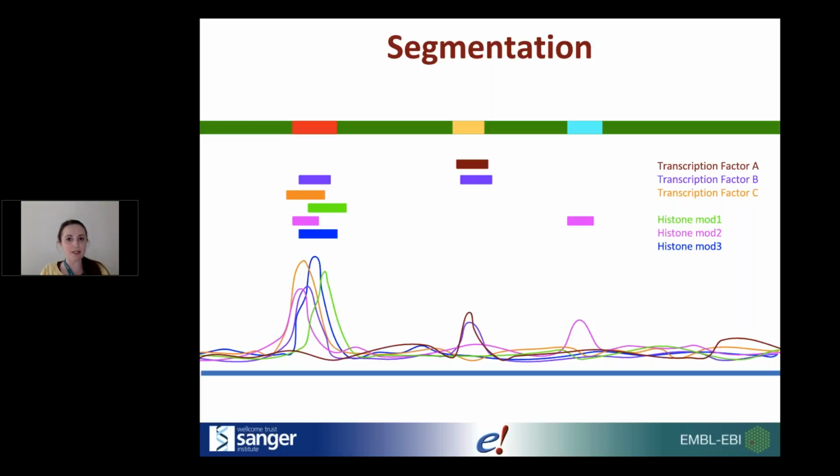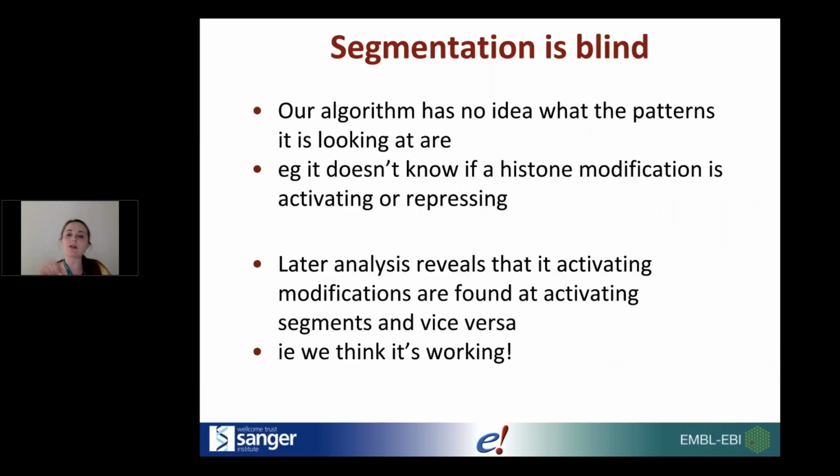We then take the segmentation from the single cell types and we combine, oh sorry, I missed a step. Just to point out that this is completely blind. Our algorithm doesn't actually know what the patterns it is looking at are. So it doesn't know whether a histone modification is activating or repressing, for example. All it does is say, I can see this pattern, I can see that pattern, let's match them up.